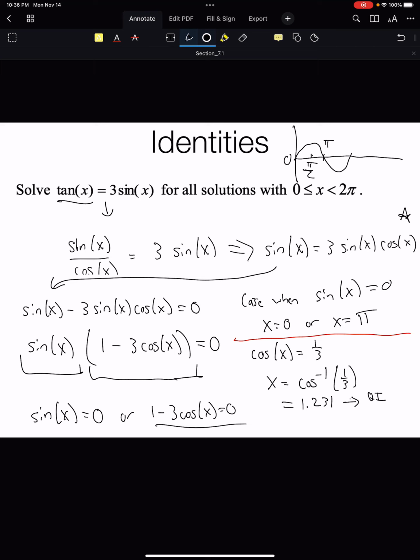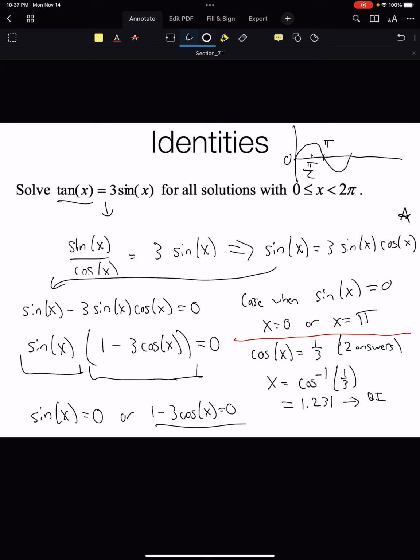So as usual, when we have these problems, so sine of x equals 0, that happened twice at 0 and pi. There are two places. So there are two answers here. We know that cosine is going to be positive in the first and the fourth quadrants.